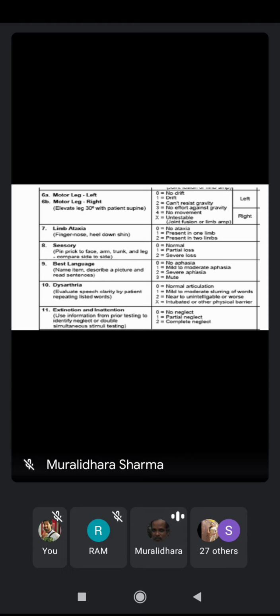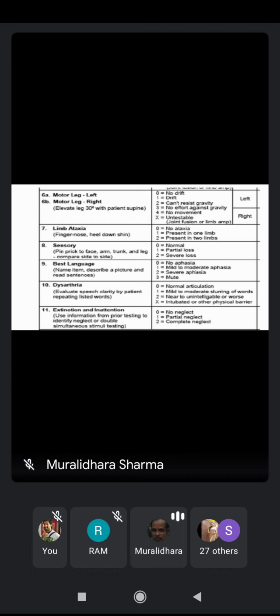Dysarthria, where the patient is not able to form the language or form the words, then again the score will be 0 to 2. And of course, dysarthria cannot be evaluated if a patient is already in an intubated condition, so it's not relevant.